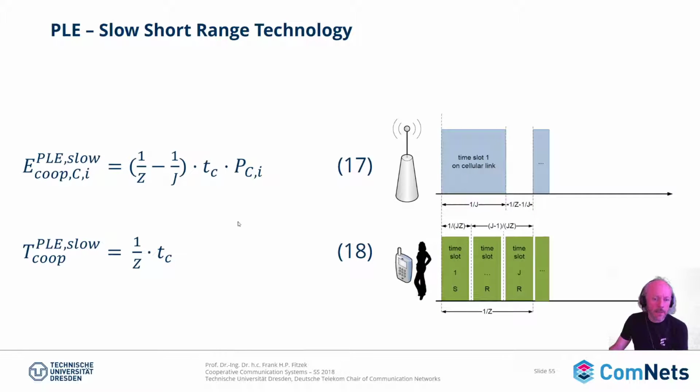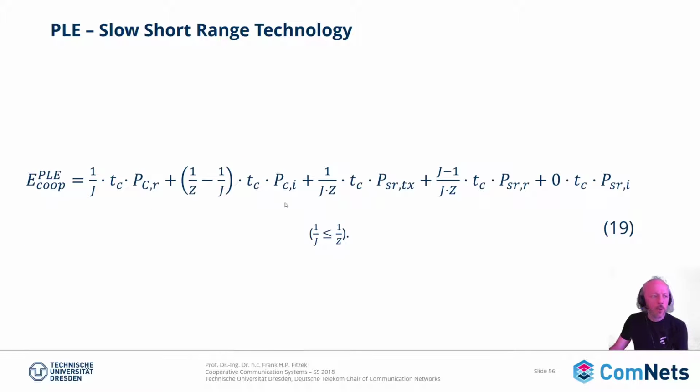You can look at the timing, how long it will take to do the exchange, 1 over z, and the cooperative idle time, which we did not know. It's here. Cellular idle can be calculated like this. Good. We put this now into the overall equation, and then you see that we have 2 terms that are coming from the cellular, receiving and an idle, and only 2 meaningful parts from the short range. I also put here the idle time as 0 just for completeness.